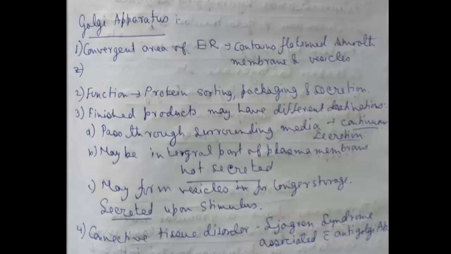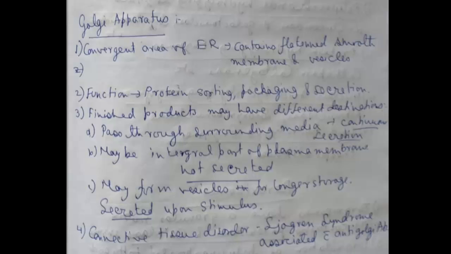One example is trypsinogen. Trypsinogen is present in pancreatic cells, and when it is stimulated, this membrane ruptures and trypsinogen is converted to trypsin. In some connective tissue disorders such as Sjogren's syndrome, there may be presence of anti-Golgi antibodies.